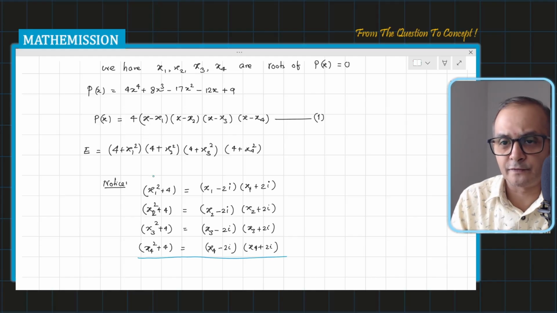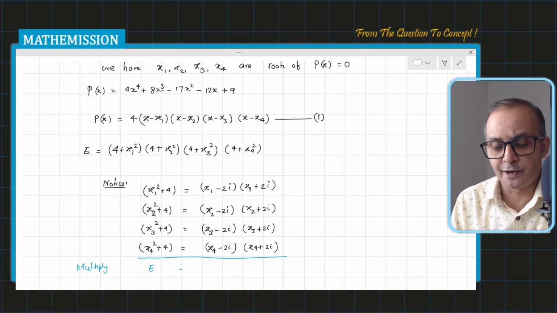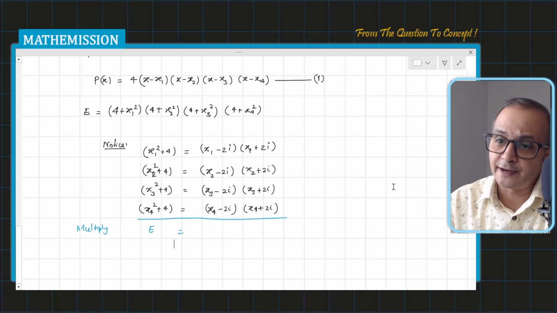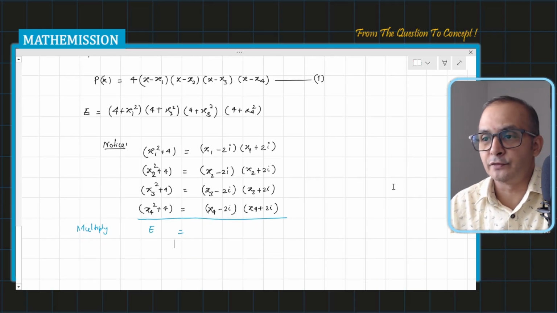Don't you notice that if we multiply them together, the left hand side will become the exact expression we are looking for. And the right hand side, I am multiplying in a different way.